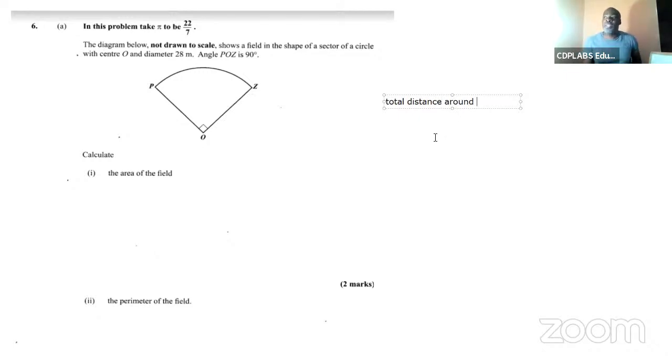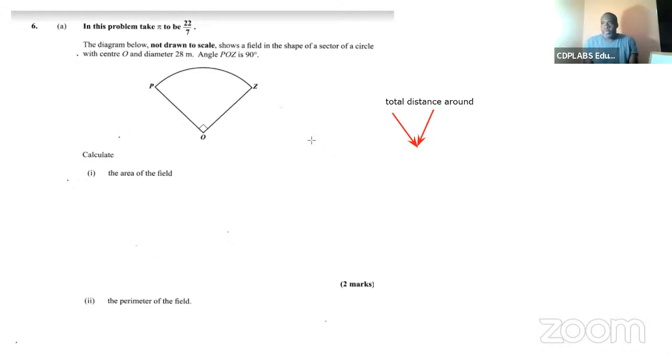The two keywords in this are total and distance around. So total suggests you're going to do what? Add. So what are we going to add to get the total distance around of that field? Tell me what are we going to add?